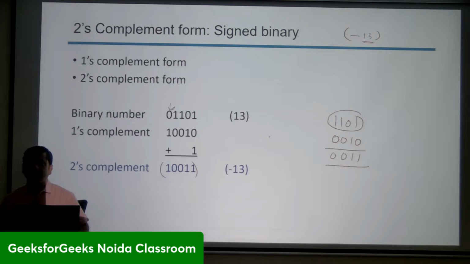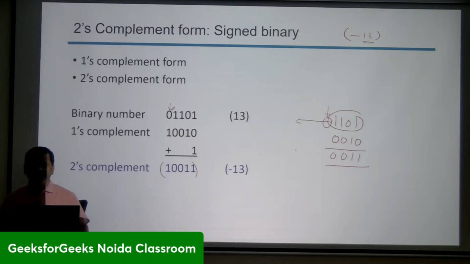For that, either we have to represent it by 8 bit, 16 bit, 32 bit, or we simply add one additional 0 over here. We simply add a 0 over here for maintaining the sign information.